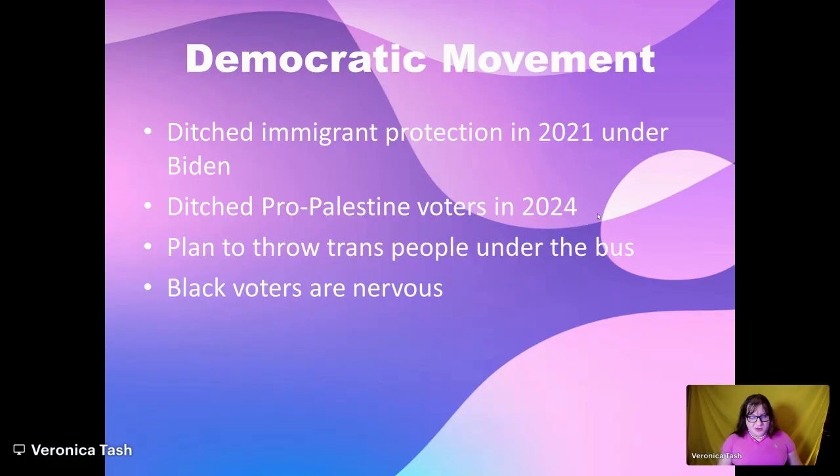But I want to say 2024 is the October 7th event, where Israel started its offensive into Palestine and started killing everybody because there were a few hostages taken. And so the Democratic Party went strong support of Israel.